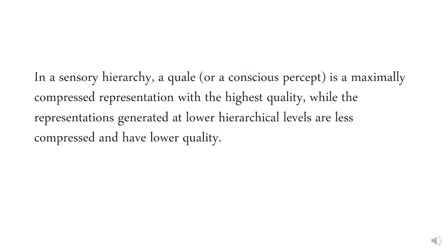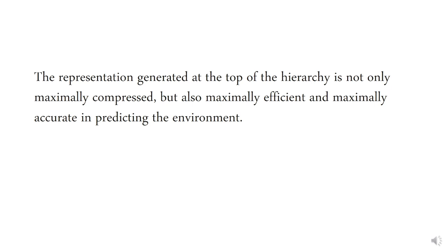In a sensory hierarchy, a quali or a conscious percept is a maximally compressed representation with the highest quality, while the representations generated at lower hierarchical levels are less compressed and have lower quality. The representation generated at the top of the hierarchy is not only maximally compressed, but also maximally efficient and maximally accurate in predicting the environment.